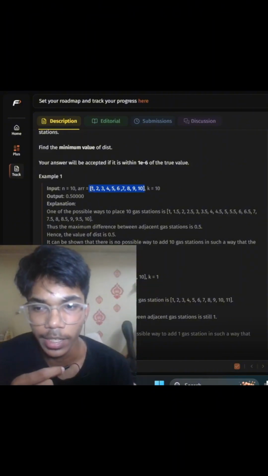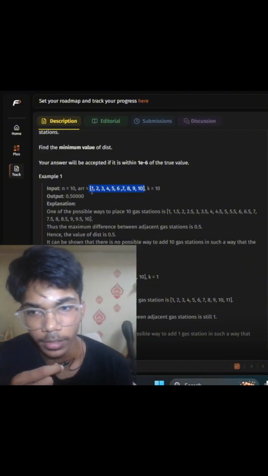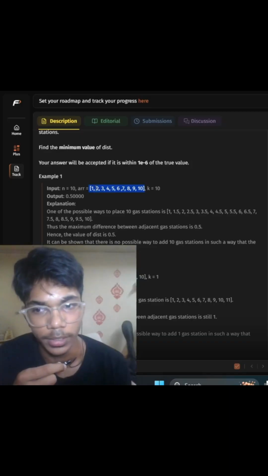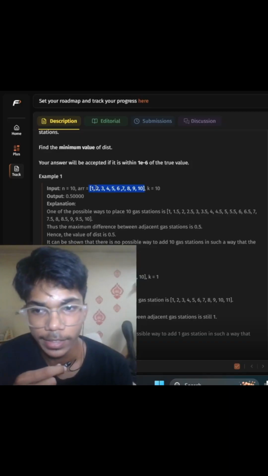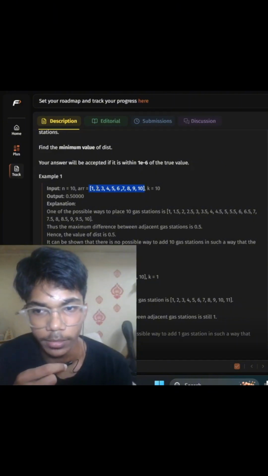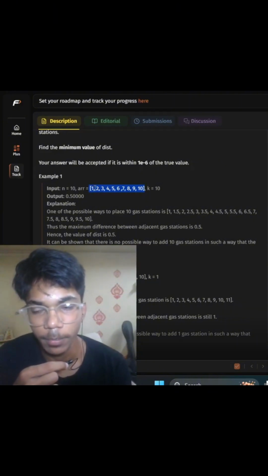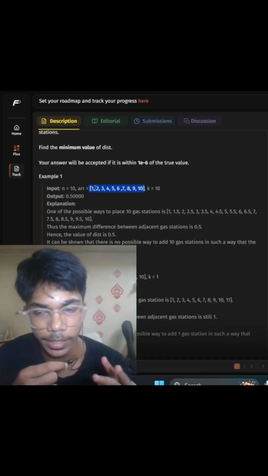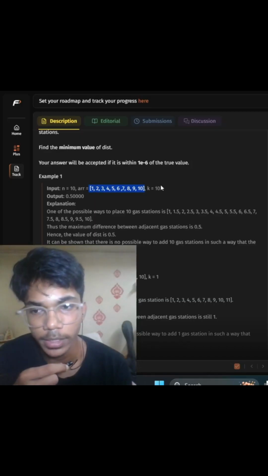So if we place a gas station at 0.25 and another at 0.5 and then 0.75, if we do it like that, the number of gas stations we can place between two contiguous numbers is 3. So one at 0.25, second at 0.5, and third at 0.75. So 3, and we have to place 10 in total.